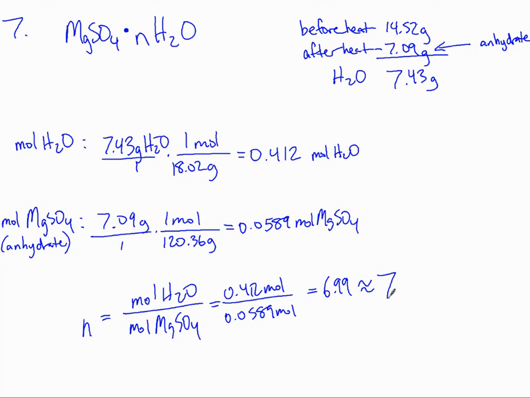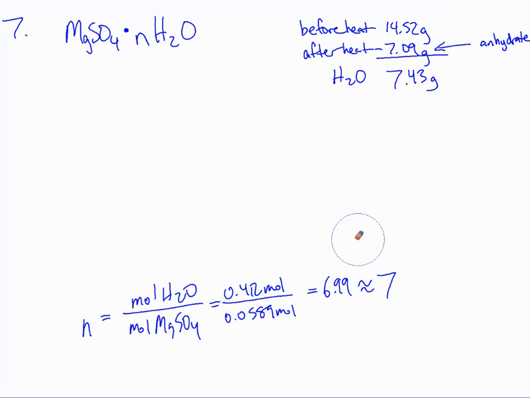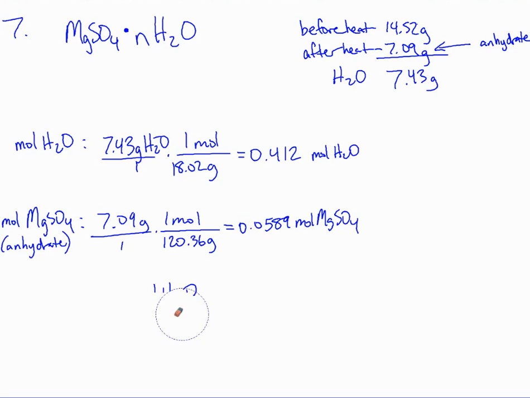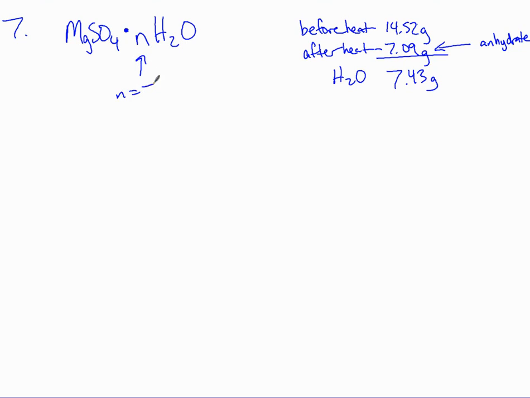The last thing it says, write a balanced chemical equation for this process, include states. So let me erase this part. I guess I shouldn't erase it. I'm going to save this. So the formula for the hydrate would be the MgSO4 and then 7H2O. Exactly. And that's about what we're about to write within this chemical reaction. So you're right, that 7 goes here.